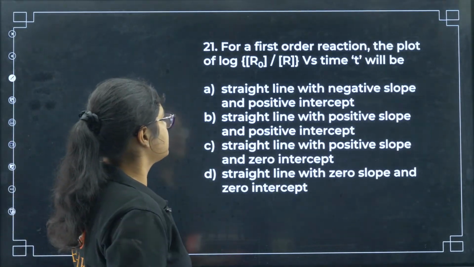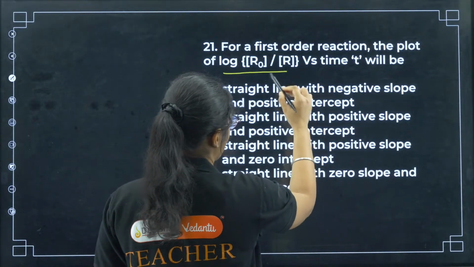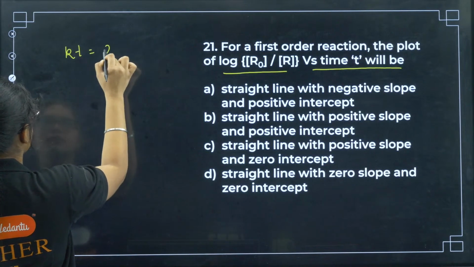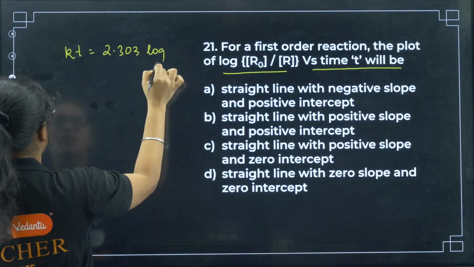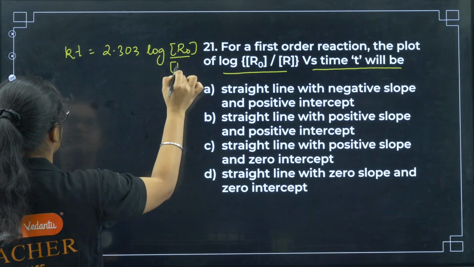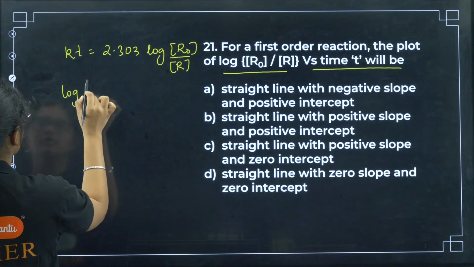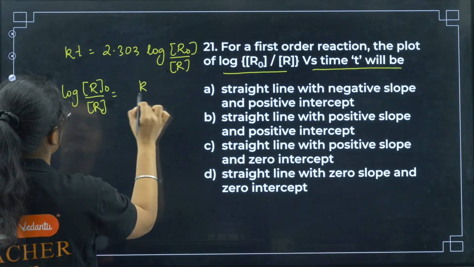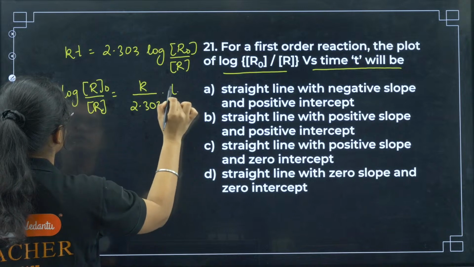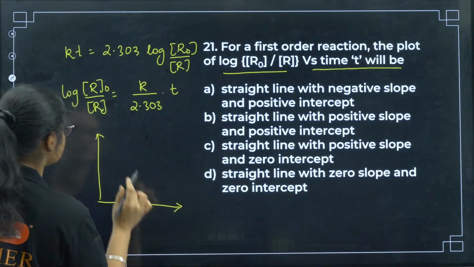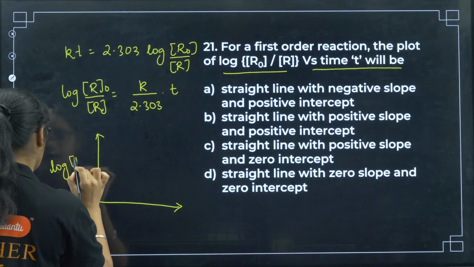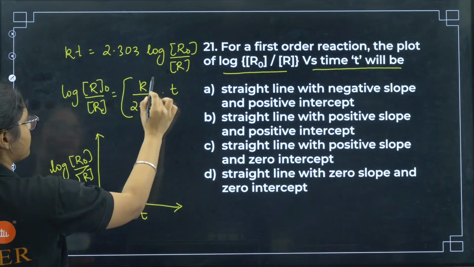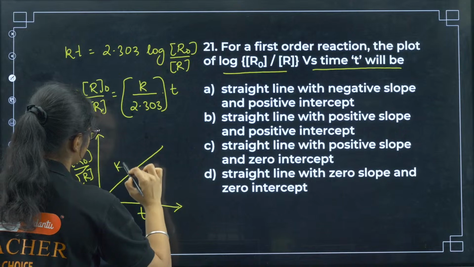Next, for a first order reaction, the plot of log R0 by R versus time will be. This is also an important question. KT is equal to 2.303 log of R0 by R, right? So log of R0 by R is equal to K by 2.303 into T. Here the slope is equal to K by 2.303.